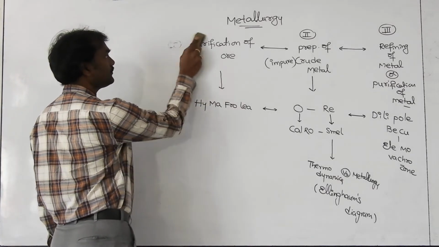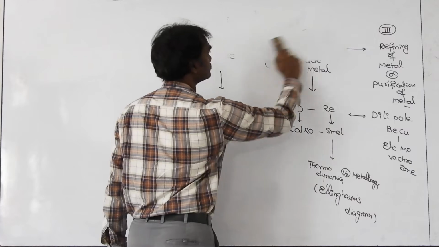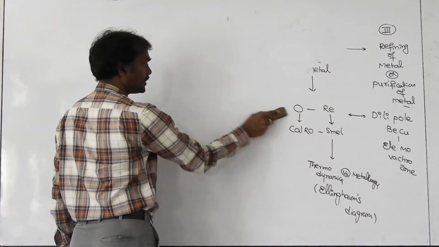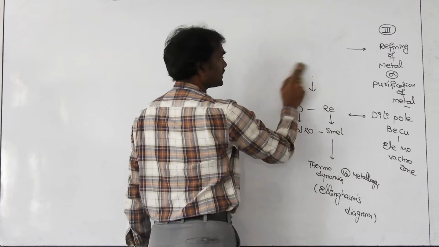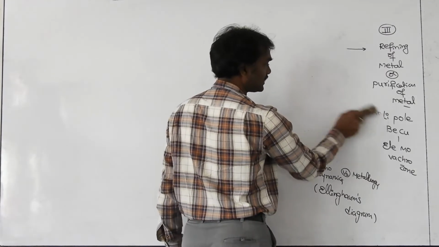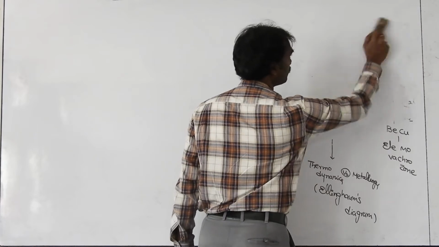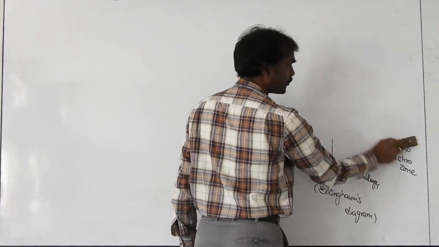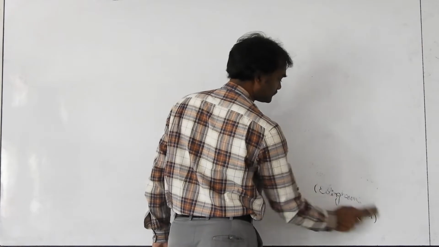So first one, purification of ore. The ore we extract from nature through the mines is converted into small pieces as a powder. After the formation of ore powder, we do the main process.